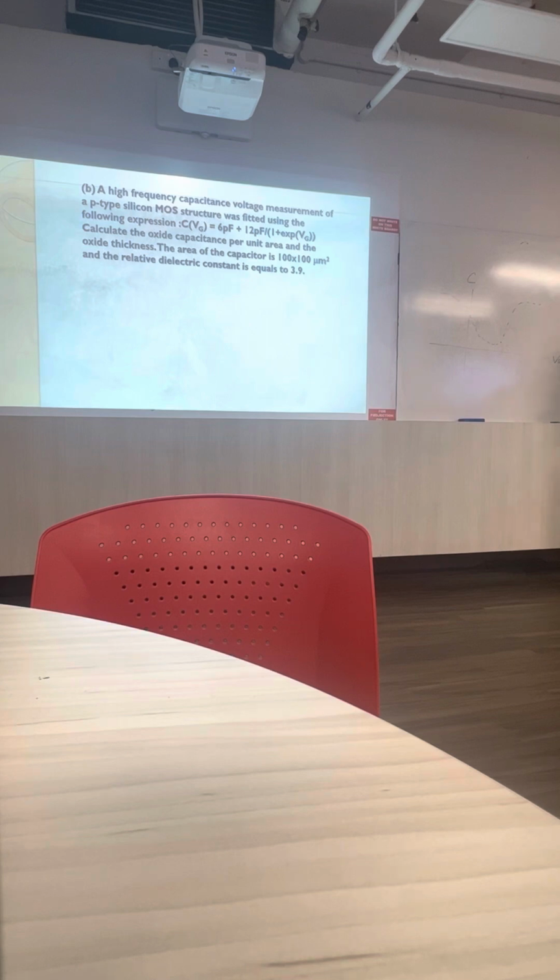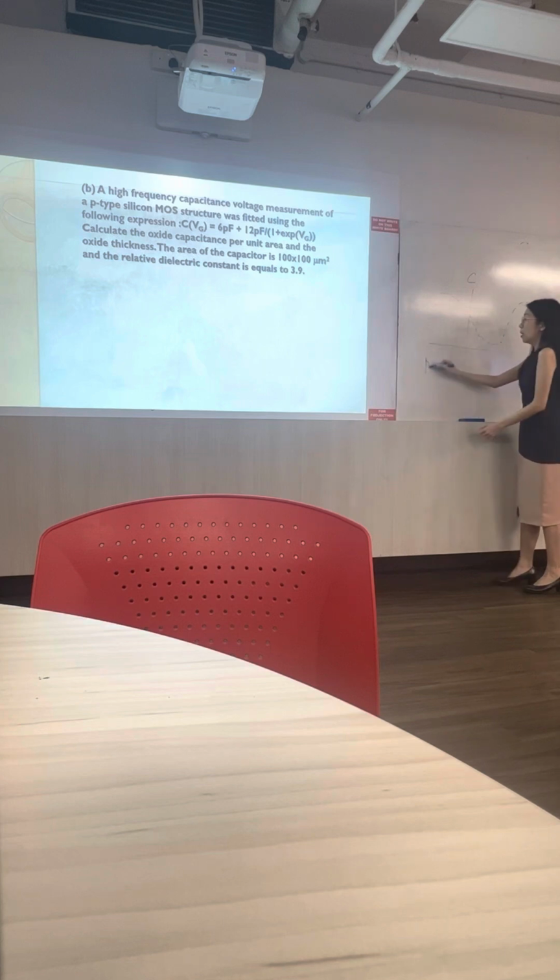So all the holes get accumulated. Because it's P sub, all the positive charge gets stuck here, so it's accumulated. And this is negative Vg, so here we have accumulation.